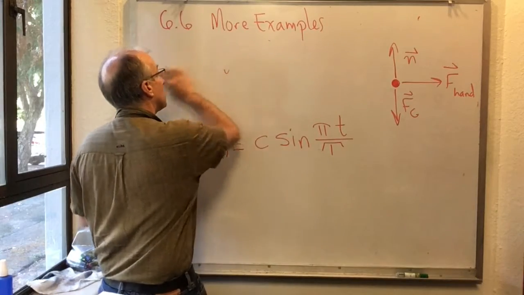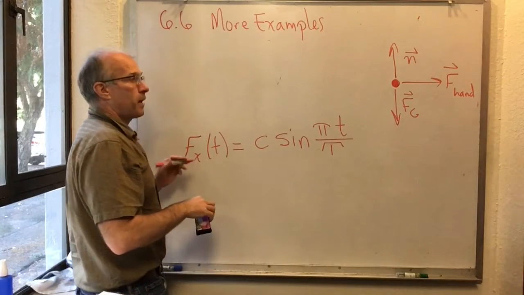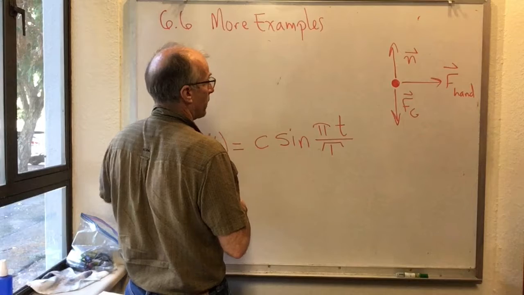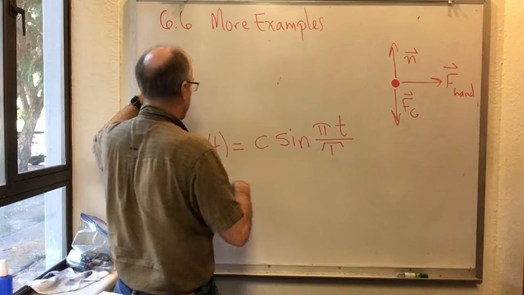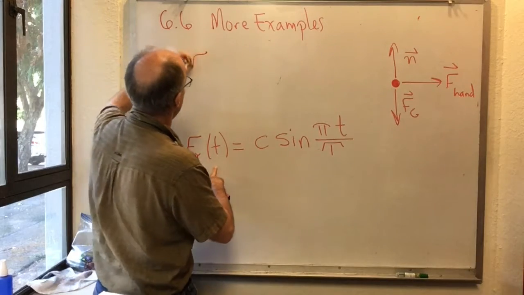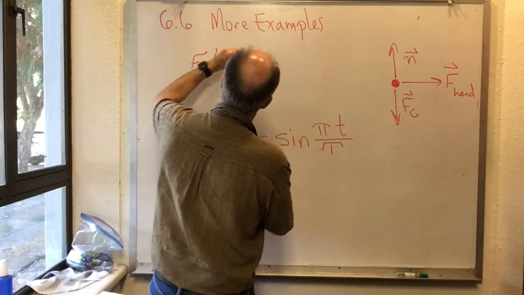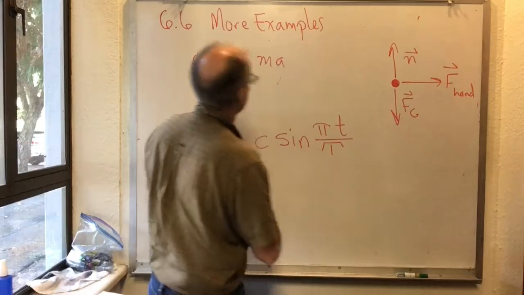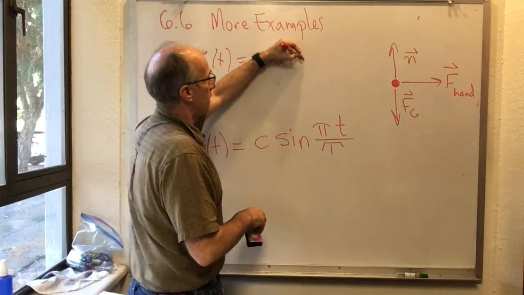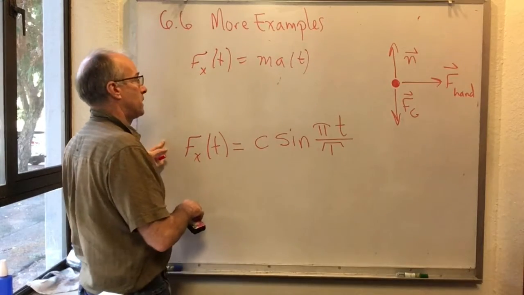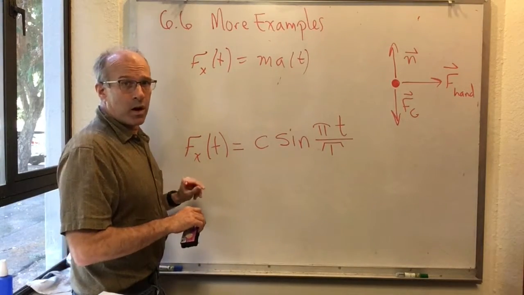Now let's do the x component of F equals ma. Well, there's only one force in the horizontal direction, and that's this Fx of t. And that's going to be equal to ma. Well, that clearly means that a is itself a function of t. We've done a lot of problems where a is a constant.